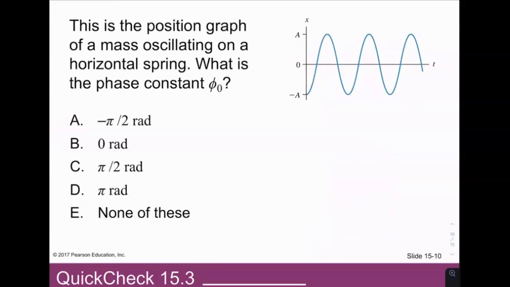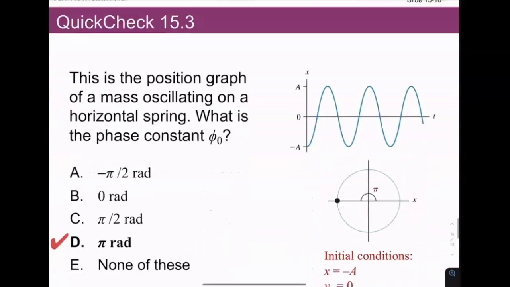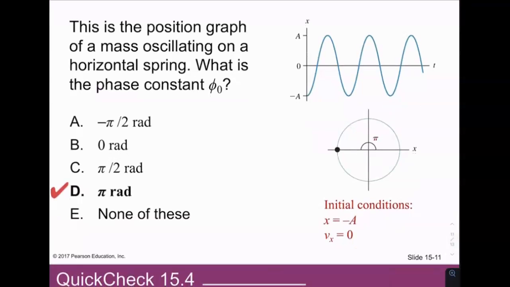Here is another example where the initial position is shown to be minus A at t equals 0. What is the phase constant in this case? Well, let's look at the circle shown in the bottom figure to the right. It's shown there that x is equal to minus A, and the initial velocity is 0.